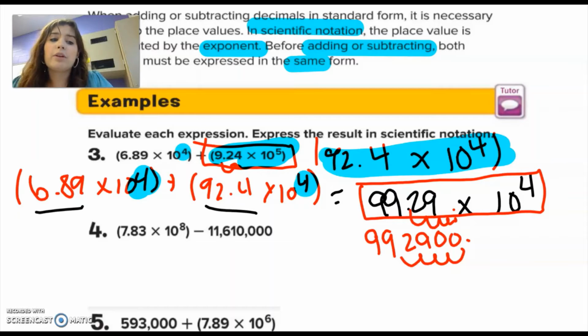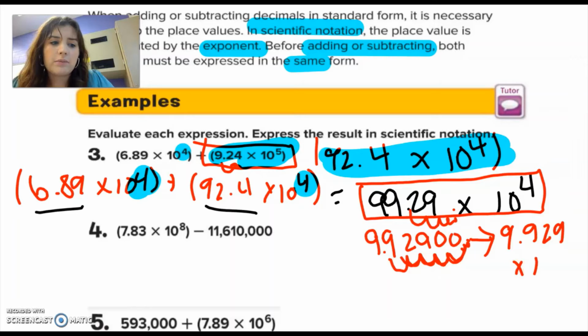So from here, I'm going to rewrite it in scientific notation. Start my decimal at the end. I know 1, 2, 3, 4, 5 times. Now we have 9.929 times 10 to the 5th. And that is our final answer.